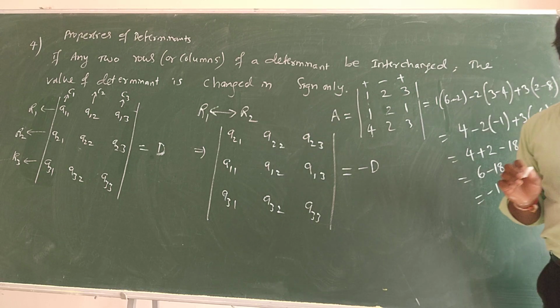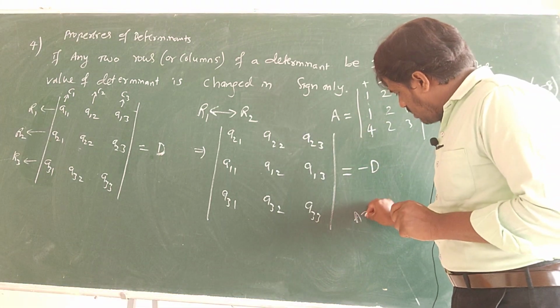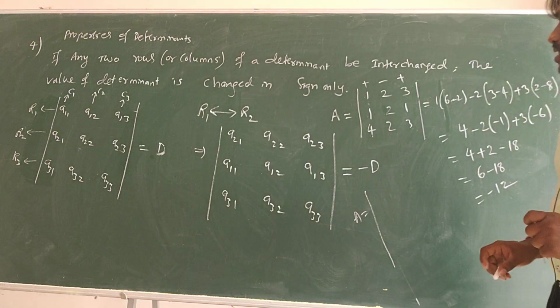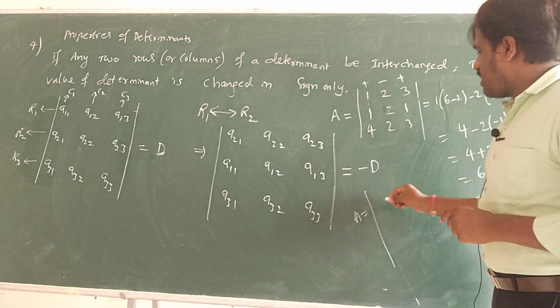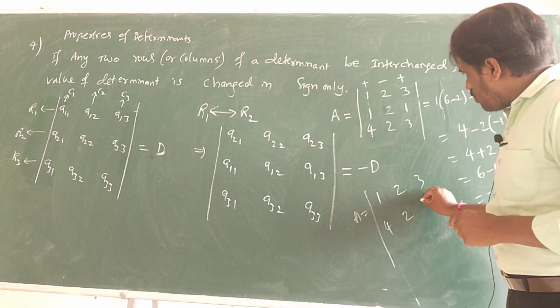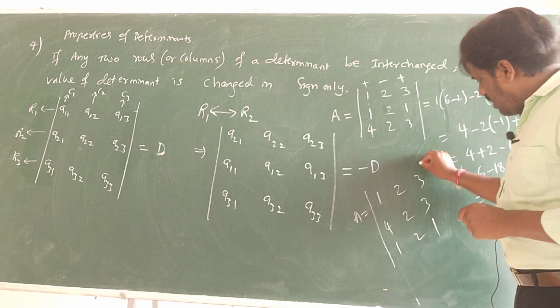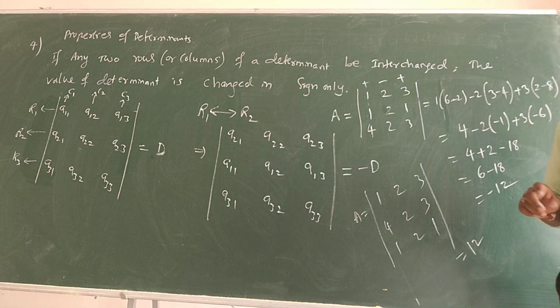That is the property. If you want to check, you can. Interchange R3 and R2, keep R1 the same, 1, 2, 3, and make the others 4, 2, 3 and 1, 2, 1, and find this determinant. You are definitely going to get 12, 100% you will get that. That is what the property says.